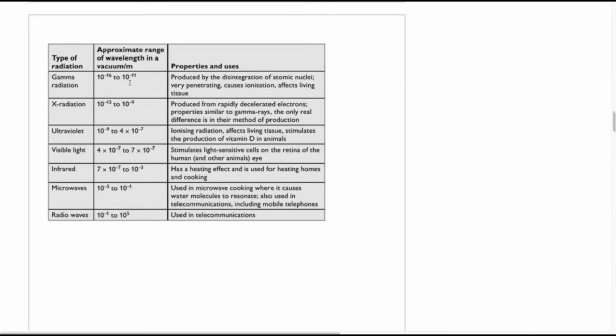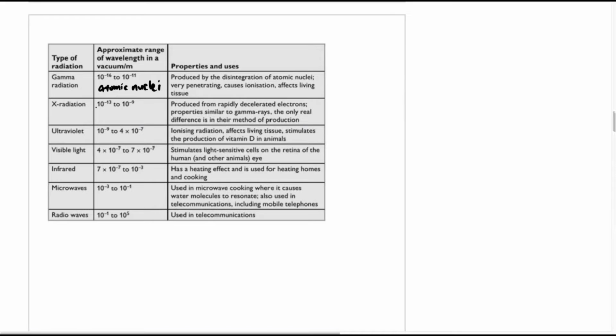To remember these, try to imagine this is about the size of an atomic nucleus. The nucleus of an atom. So the wavelength is about this size.